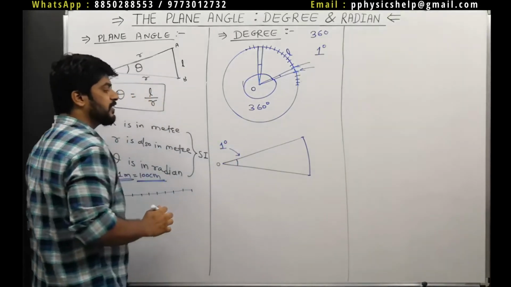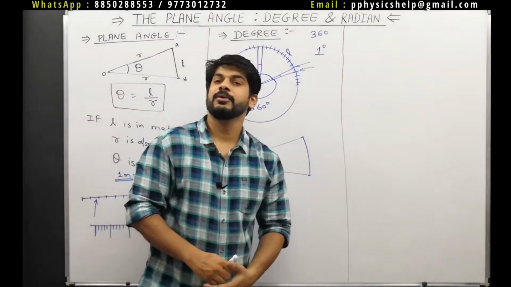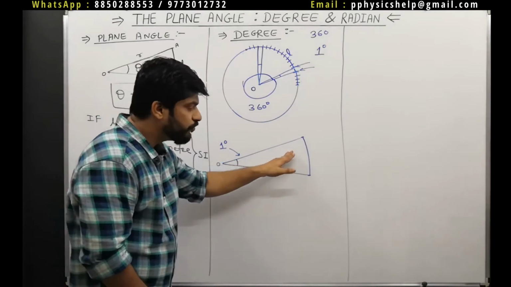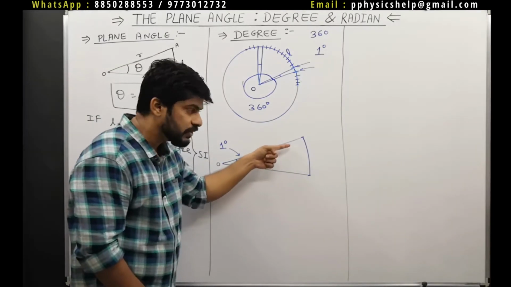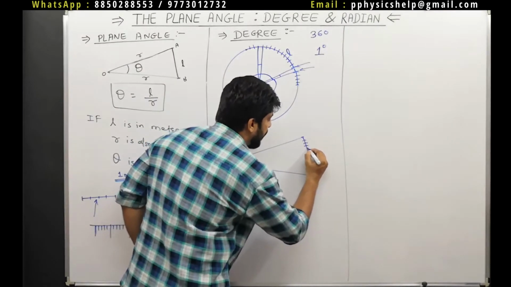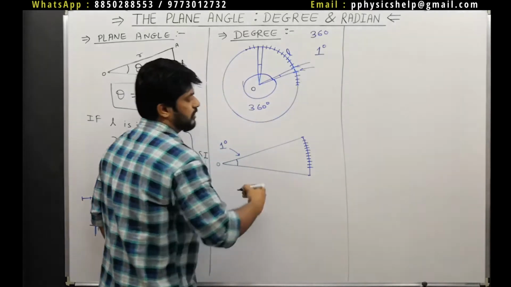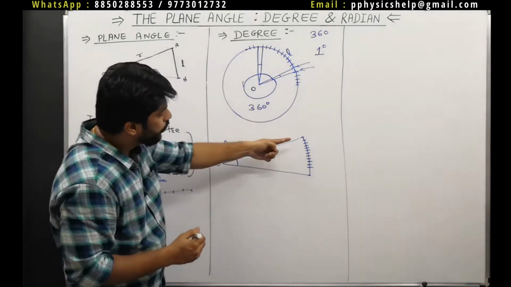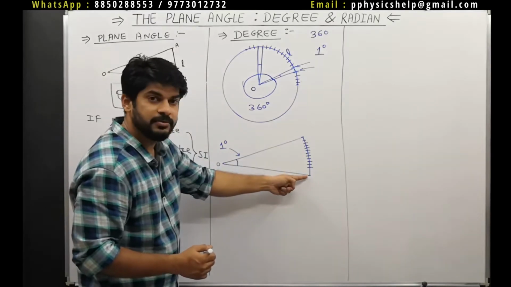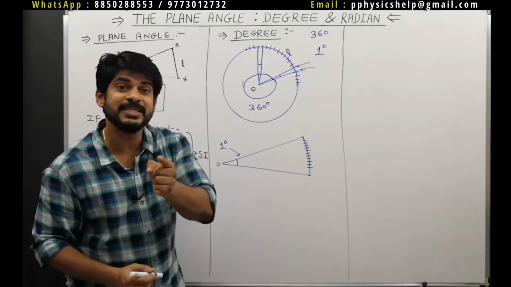Let's say this is 1 degree exactly. Now we need another scale, right? So what we do is we divide this 1 degree into 60 exact, equal parts like this. The arc associated with 1 degree is now divided into 60 equal parts.